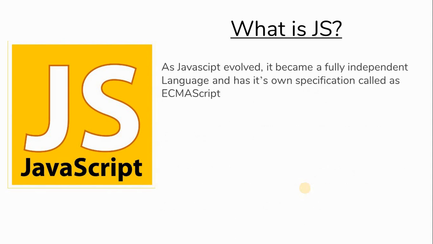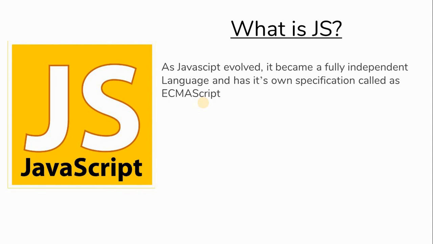Next, diving deeper, as JavaScript evolved, it became a fully independent language, and now it has its own specification called ECMAScript. We also call it ECMAScript, because now JavaScript is among the top three, top two programming languages on the earth, because JavaScript is surpassing Java.